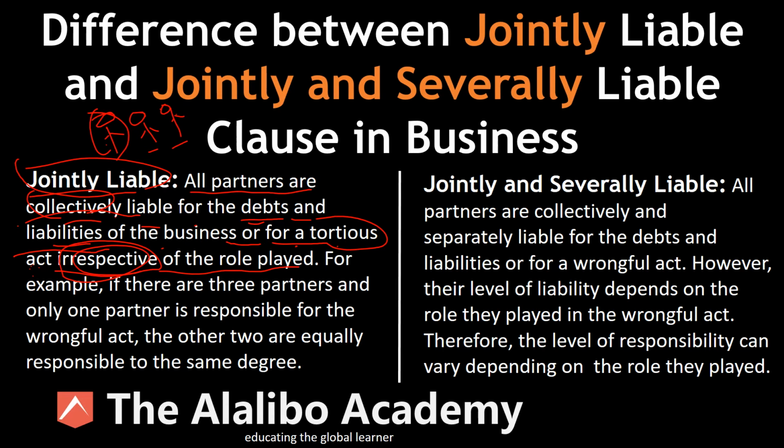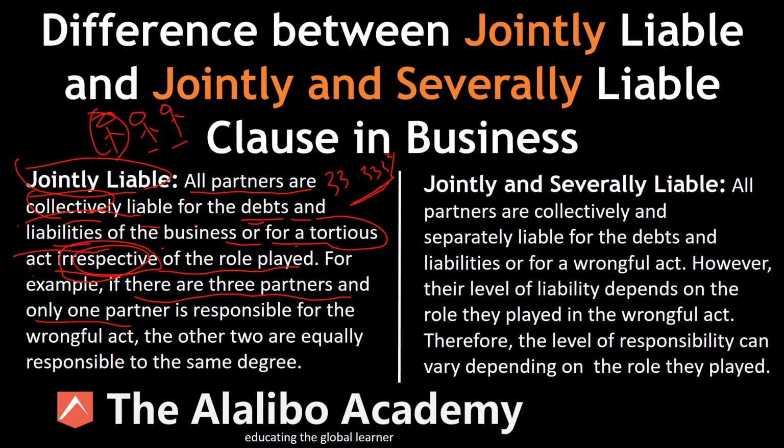So the responsibility here will be equal, 33% each, 33.3333, whatever that number is, percent each, because it's jointly liable. It's a joint liability, and it's regardless of your role.